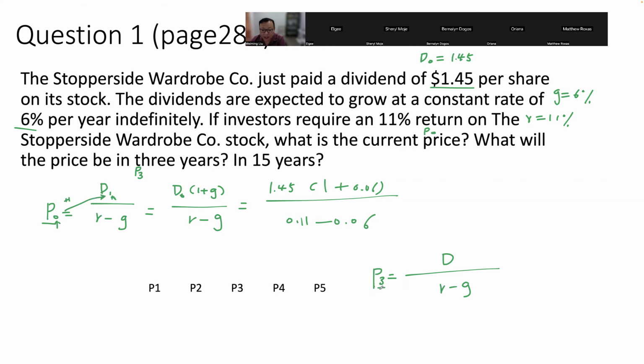Now here, the subscript is 3. If I go here, what should this subscript be? D4, thank you. That's D4, so D4 divided by R minus G. So what is D4 then?